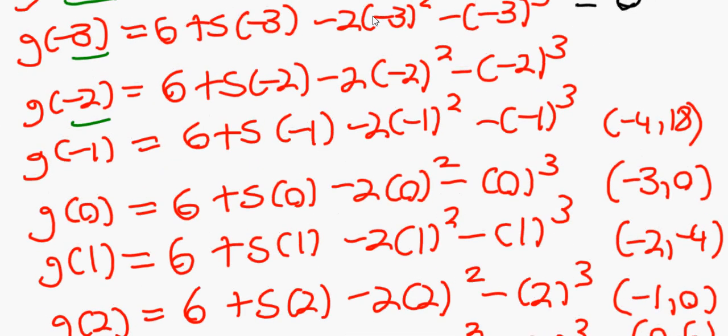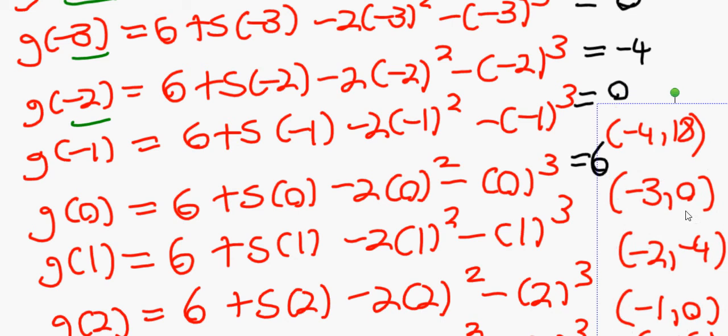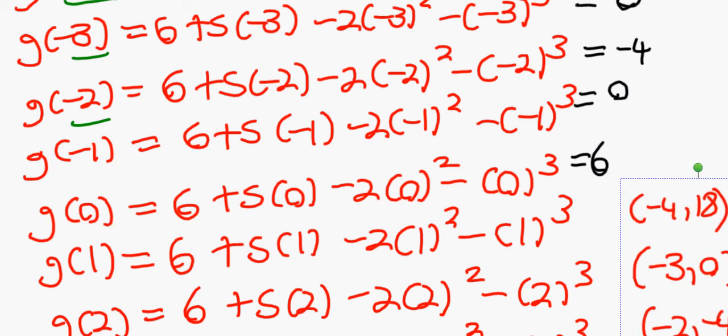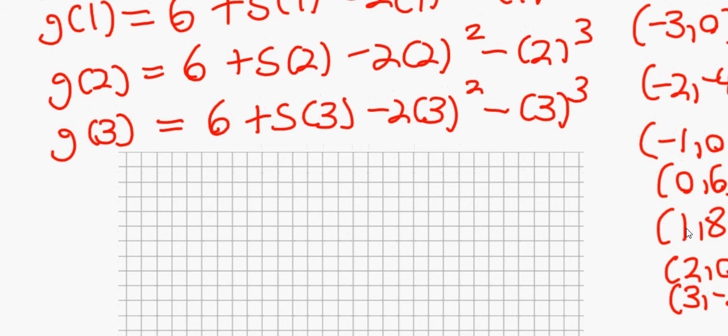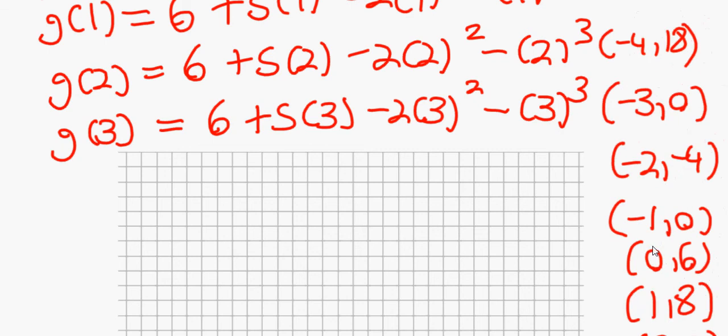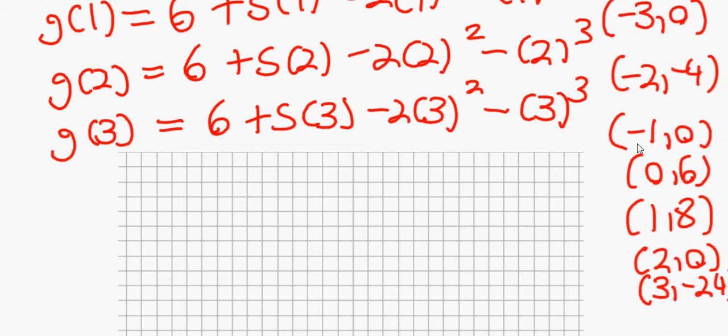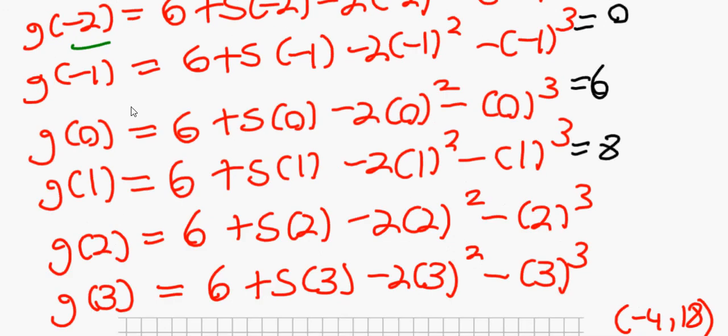Next one is minus 4. The one after that equals 0. The one after that equals 6. The one after that equals 8. Then we have 0, and minus 24 is the last one.